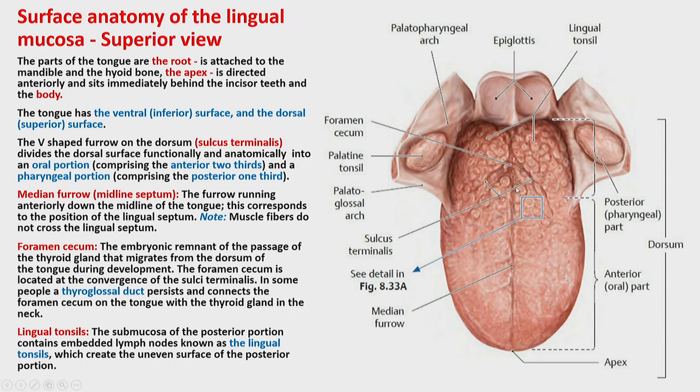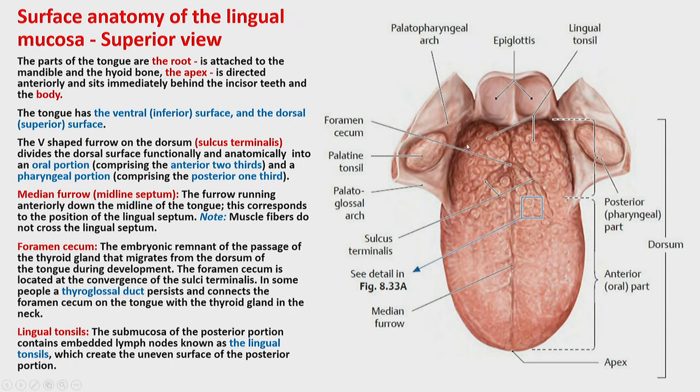The thyroid gland descends from here down to the neck region as the thyroglossal duct, and in some people you have persistence of the thyroglossal duct, which connects the tongue to the thyroid gland. So this foramen cecum at the apex of this V-shaped sulcus terminalis is the embryonic remnant of the thyroglossal duct.